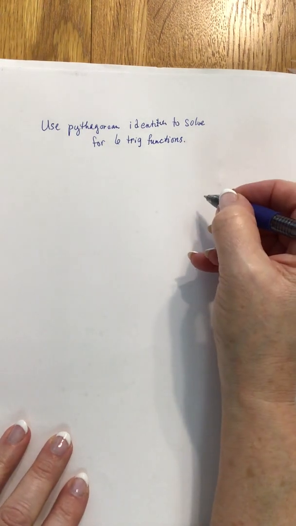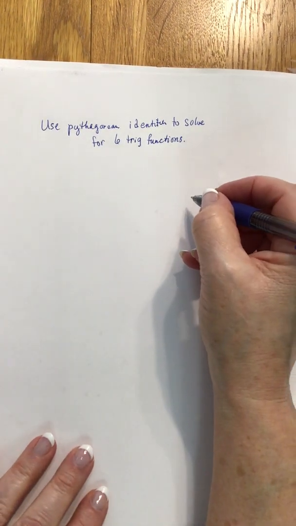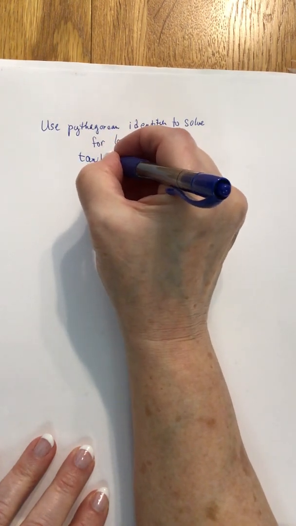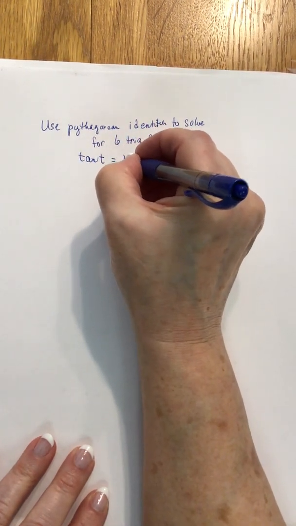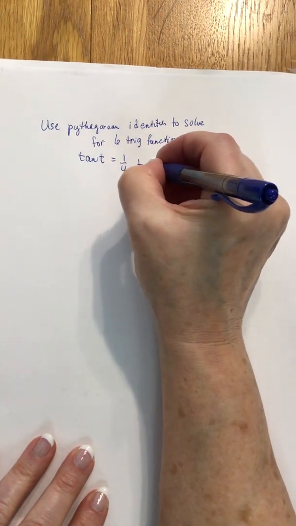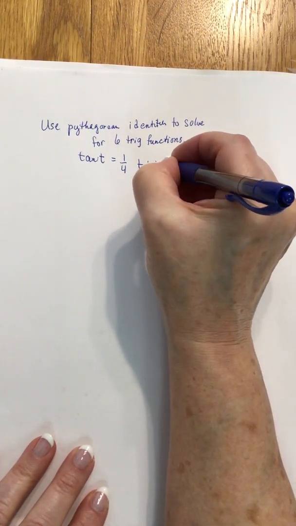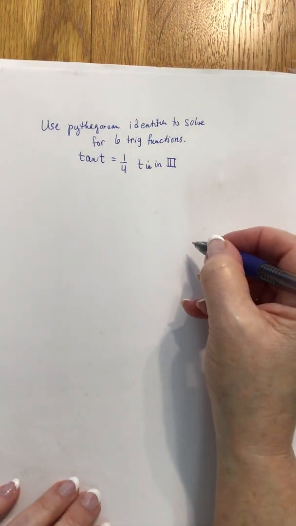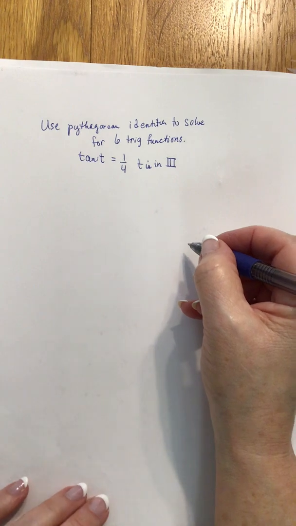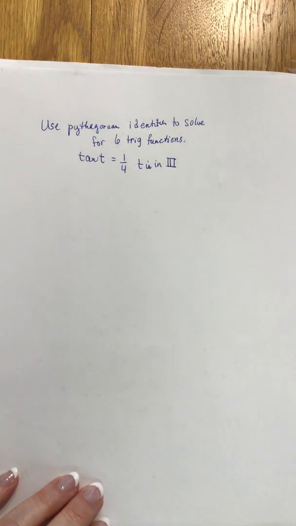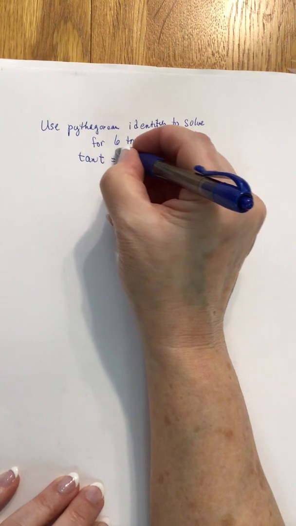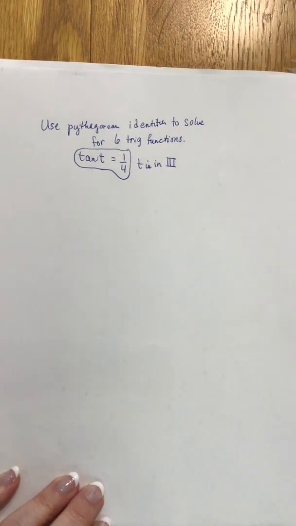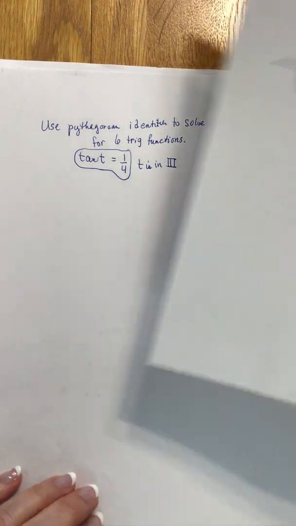So our problem says tangent of t equals 1/4, and t is in the 3rd quadrant. So we have tangent given to us, so that's the first one. So we already know one trig function.